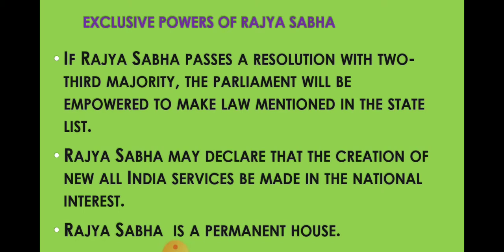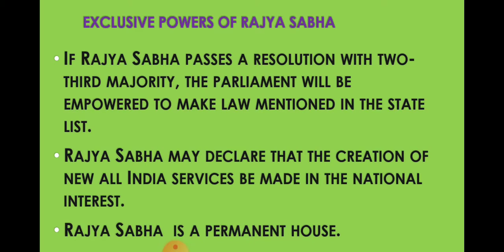The third point is Rajya Sabha is a permanent house. It cannot be dissolved. We studied that Lok Sabha will be dissolved after the normal term of 5 years, or if a motion of no confidence is passed against the ministry, the Lok Sabha will be dissolved by the president.